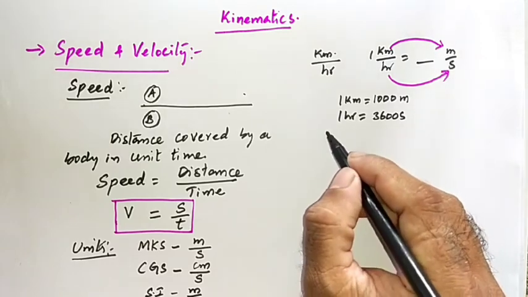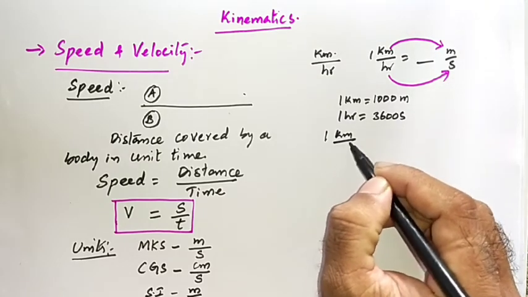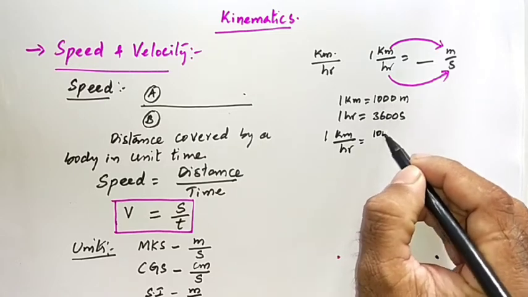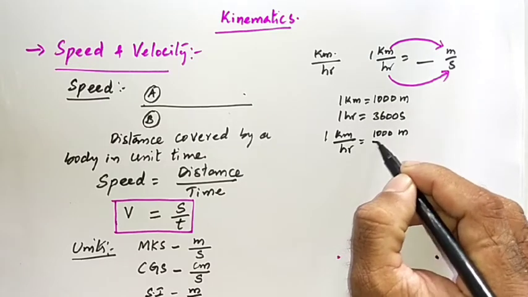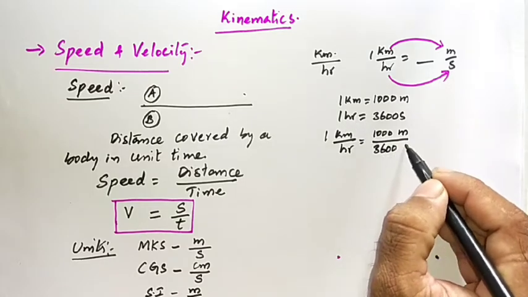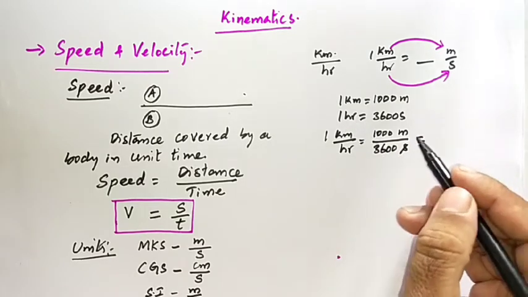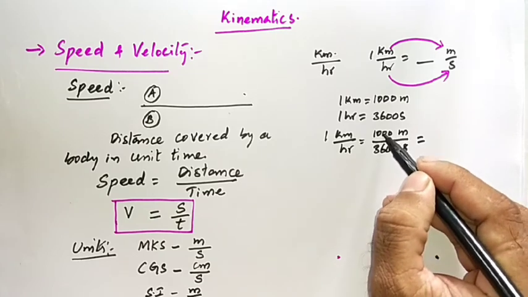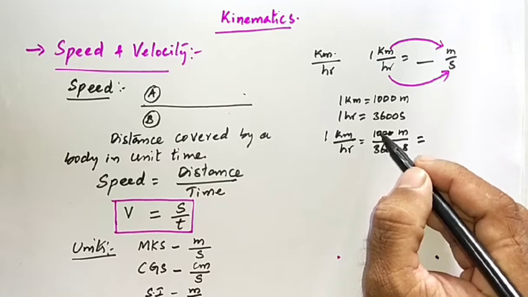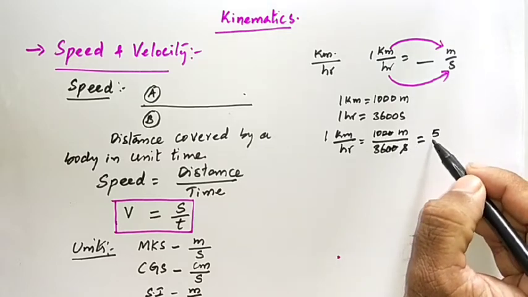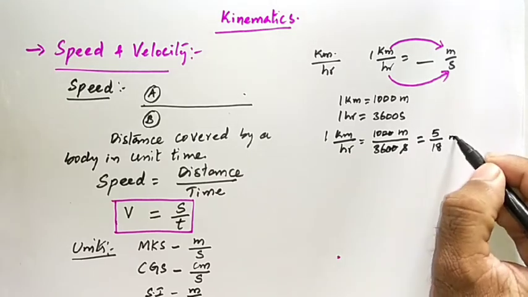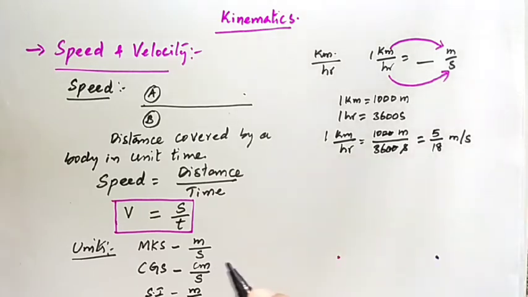Therefore, 1 kilometer per hour is equal to 1000 meters divided by 3600 seconds. Two zeros get cancelled, giving 10 by 36. Simplifying, 2 fives are 10 and 2 eighteens are 36.